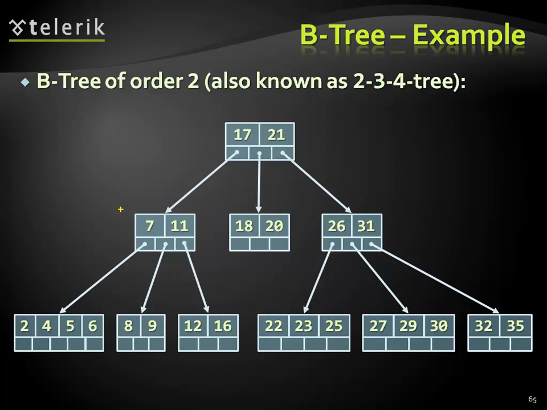So the order of a tree is the number of children it has at each node. So the order of a binary tree should be 2, I think. And this tree could have, as you see here, more than 1 address remaining. I think it could have 2 or 3 addresses here.